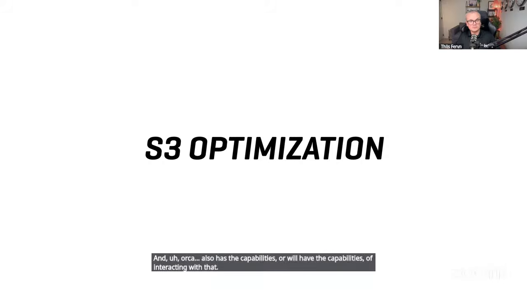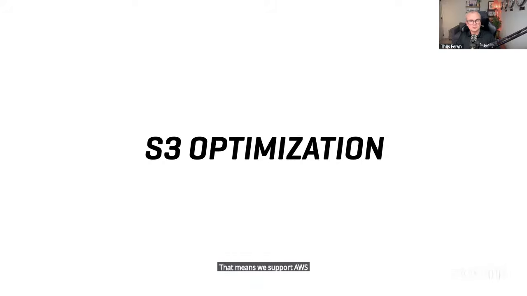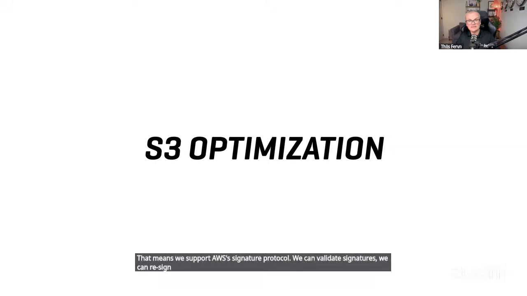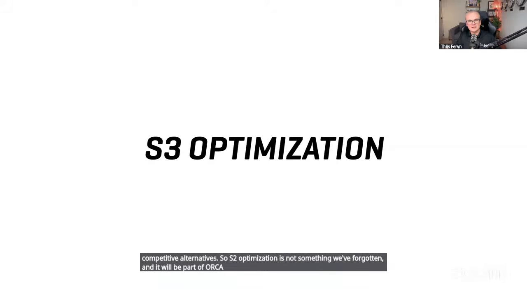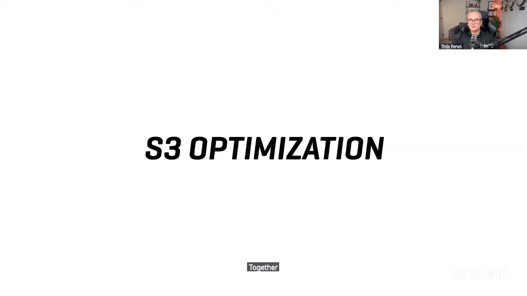That means we support AWS's signature protocol. We can validate signatures, we can re-sign, we can connect to the native S3 or S3 compatible competitive alternatives. So S3 optimization is not something we've forgotten, and it will be part of Orca as well, together with the firewall. I think that's very much a Q1, Q2 kind of thing.